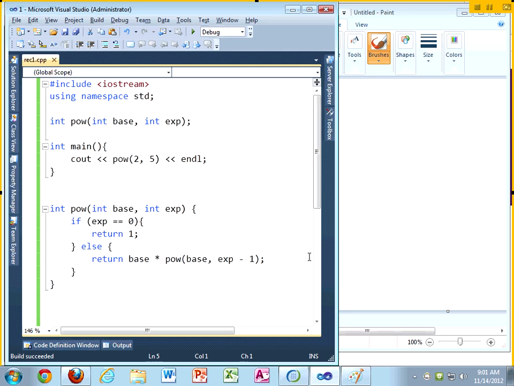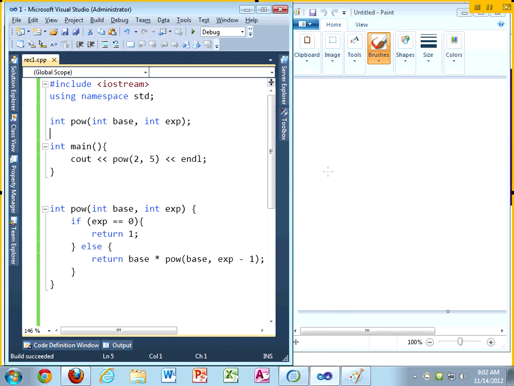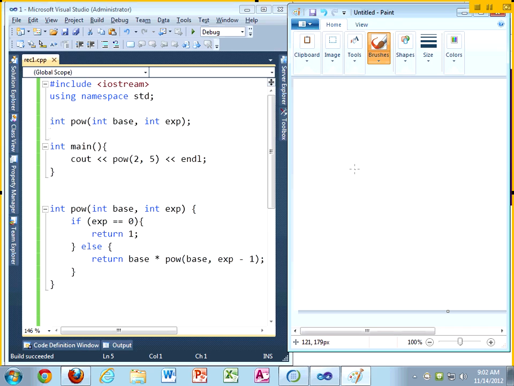A third reason, I suppose, is that there might be a question on the final where I give you a recursive function and say, what does this do? Okay, so I'm going to come over here to Paint, and I'm going to make myself a table.